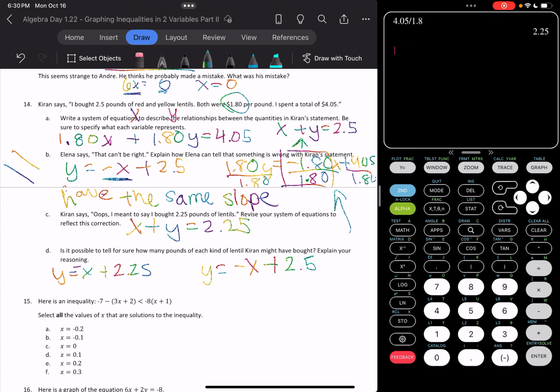So now, instead of having an equation with the same slope but a different y-intercept and parallel lines, these are the exact same equation, and so these would be the exact same line, and therefore we would have infinite solutions. So it's not possible for us to tell for sure because there are so many different solutions that could be the answer.